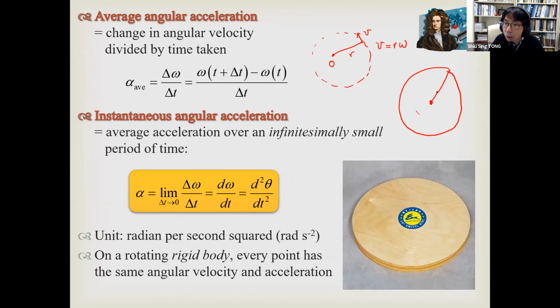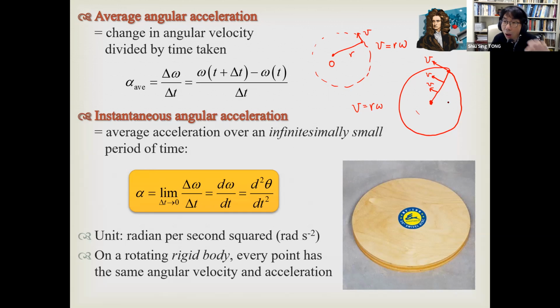But for a point that is at a distance from the center, we have a velocity. The linear velocity becomes larger when we are farther away from the center, and it becomes largest at the rim of the circle. Because v is equal to r omega. If I have a larger r, I have a larger linear velocity.